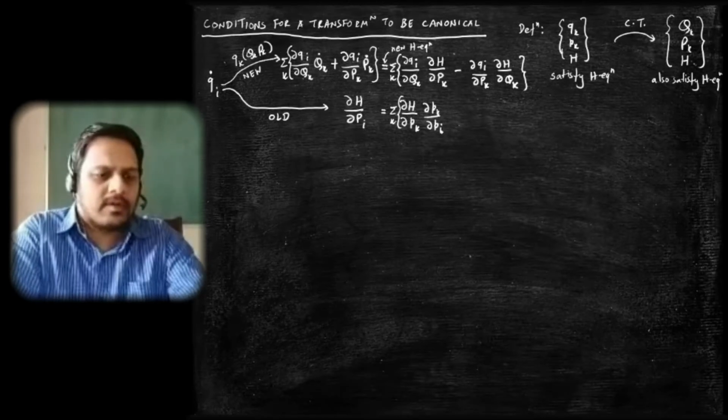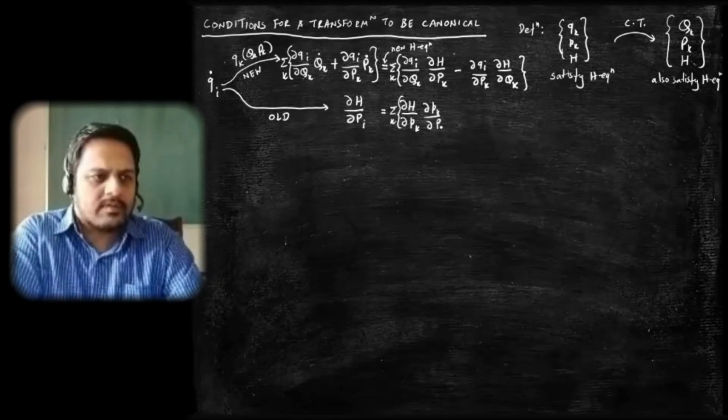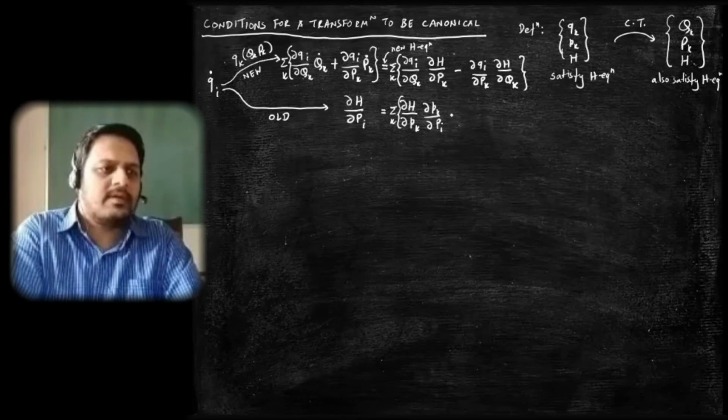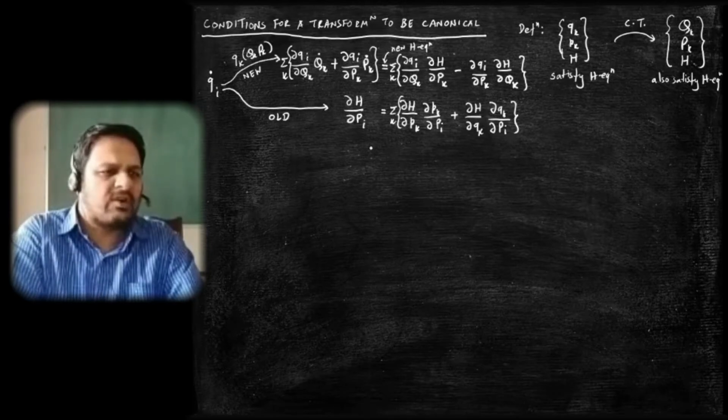Sorry, please keep track of capital and small. ∂ capital Pi plus ∂H/∂qk into ∂qk/∂ capital Pi. Basically it got reversed, didn't it?